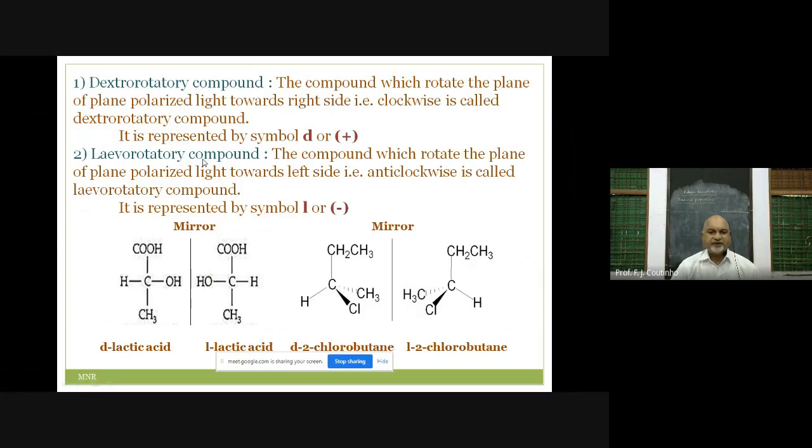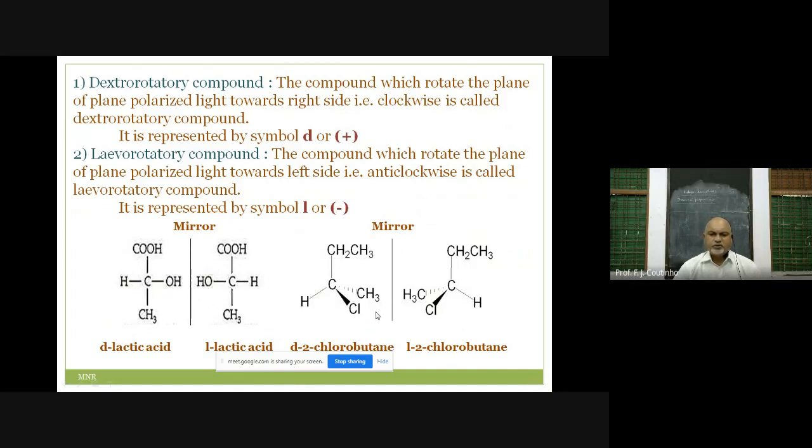Now in these two examples on the screen, lactic acid and 2-chlorobutane, this is dextrorotatory lactic acid, where the carboxylic group in both cases is on the same side, and CH3 methyl is on the same side, but the hydroxyl groups are mirror images of one another.